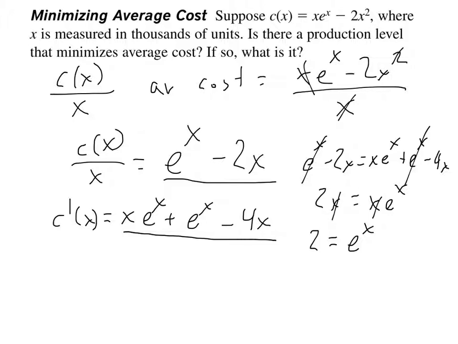So if I do the natural log there, it's just x equals the natural log of 2, which equals about 0.693. It says this is in thousands of units, so we'd say 693 units.